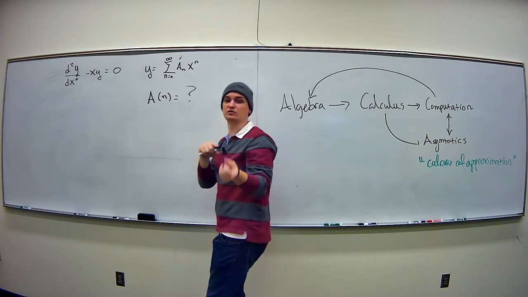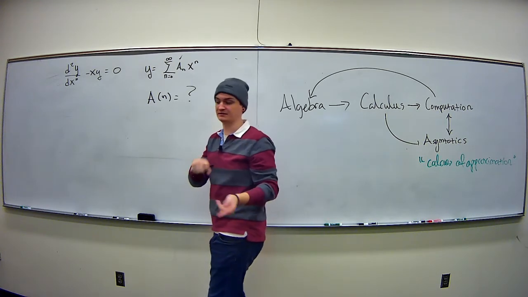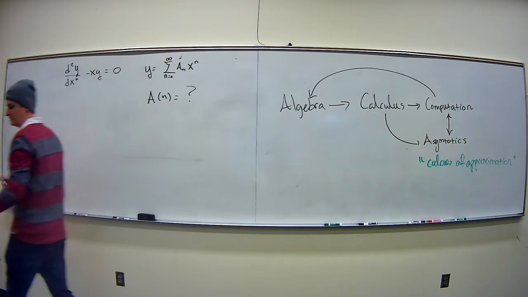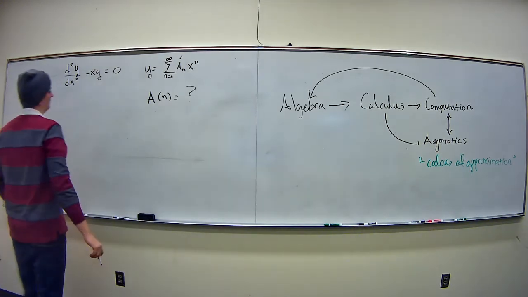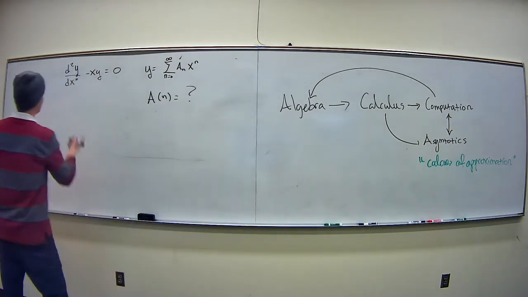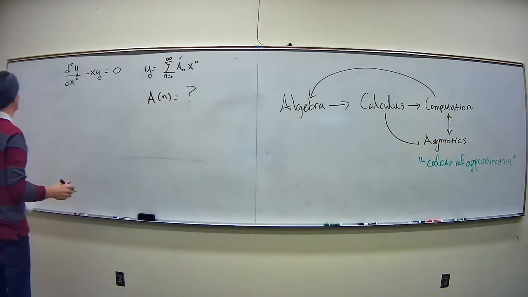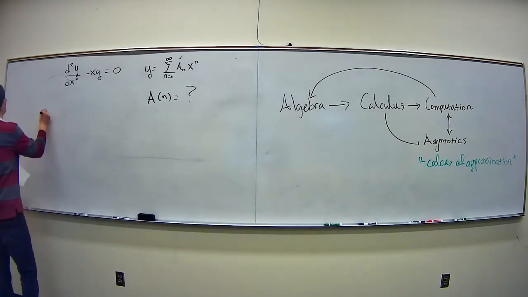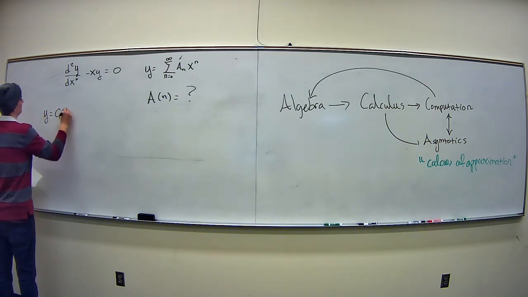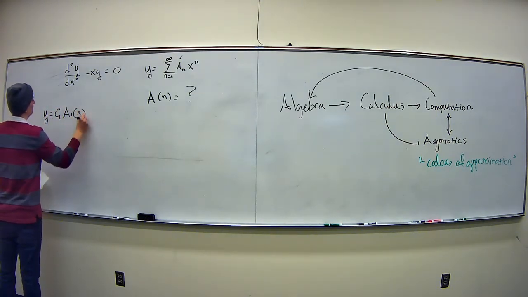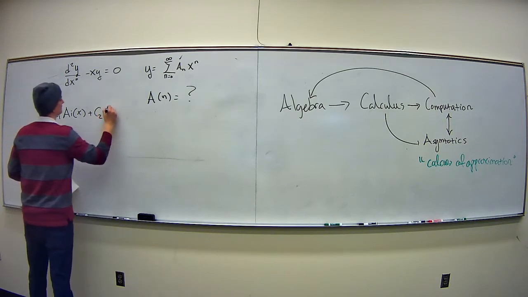And there's two of them. There's two linearly independent Airy functions. So then once you do that math and you figure out the coefficients, you could then say that y is equal to, this is just nothing but this.